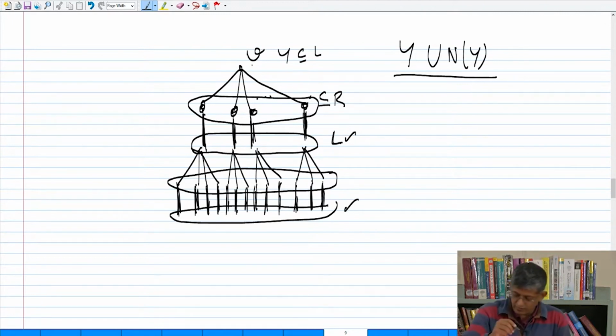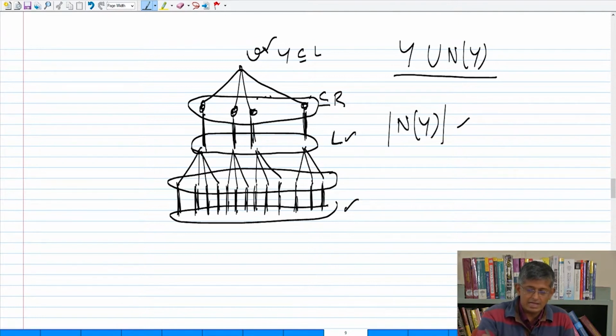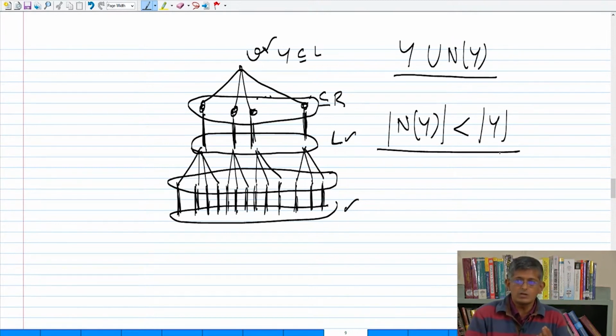And there is one more vertex here, for whom there is no special neighbor. So you see that the neighborhood count for n of Y is strictly less than the neighborhood of Y. If it turns out that there is no augmenting path, what does it mean? You will start at V and do this exploration, right?